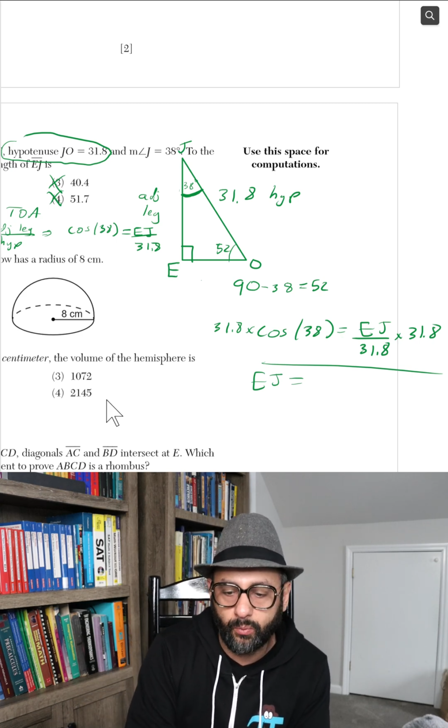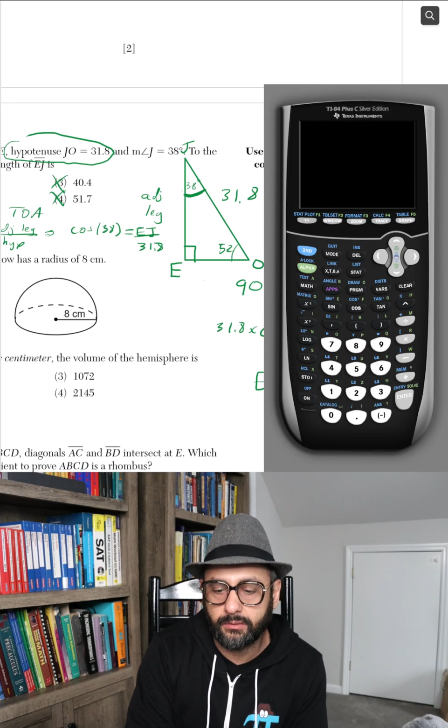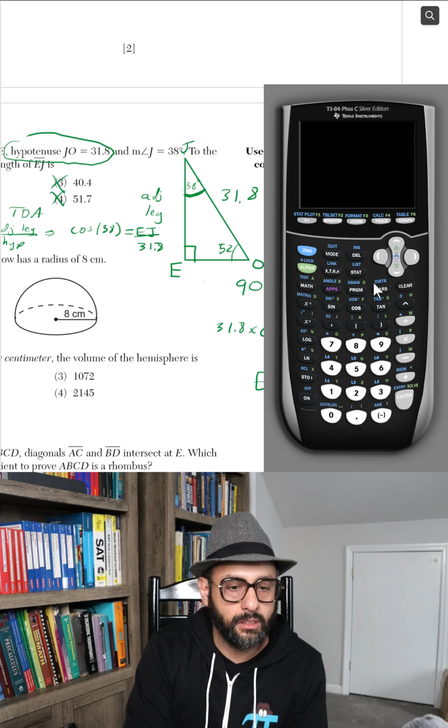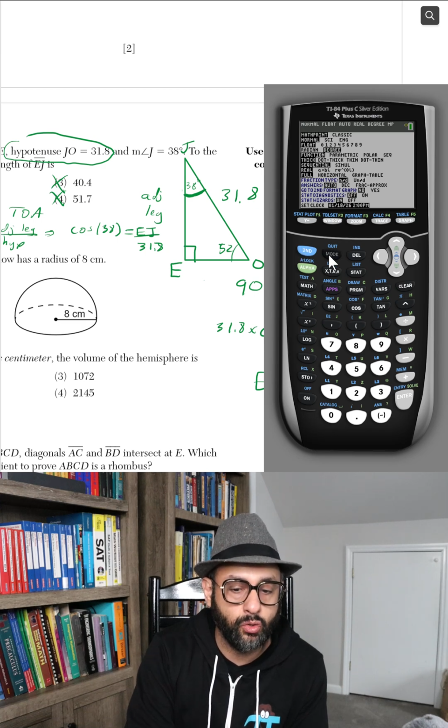And at this point, we then have to go to a calculator and we make sure we're in the degree mode. I pressed mode and then went down to degree mode and made sure that degree is highlighted. Quit.